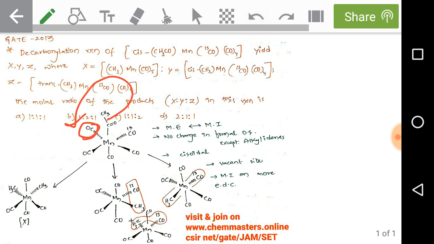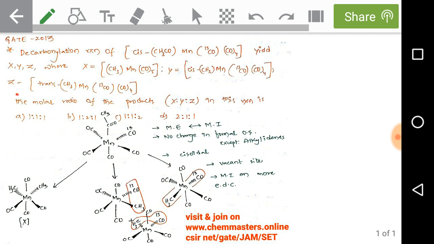In that condition, this C13O and the methyl group both are cis to each other, right? So these two are cis to each other, and these two also. So that's why we have two cis Y products. So that's why here the percentage is 2, so 50% as a Y product.